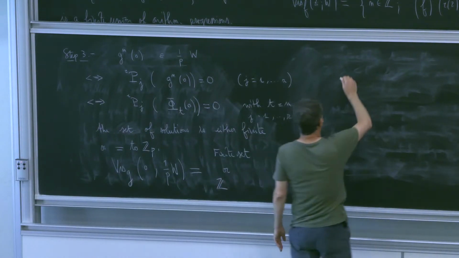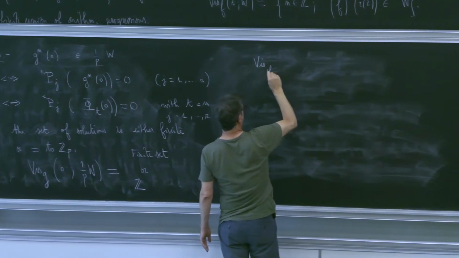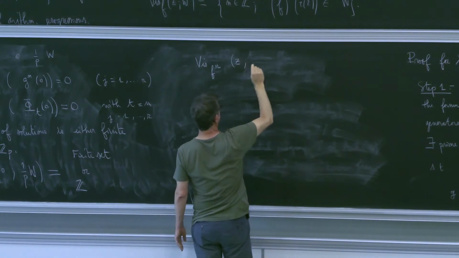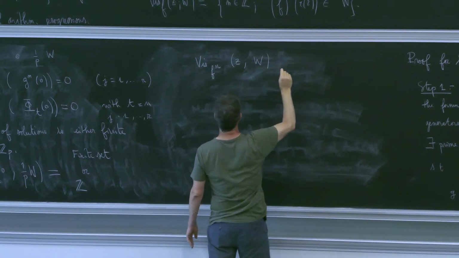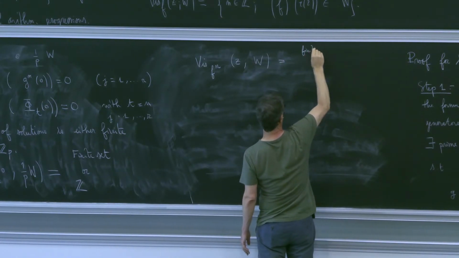So you get that the visiting times with respect to the dynamics of Fn for the point Z in W is either finite or Z.